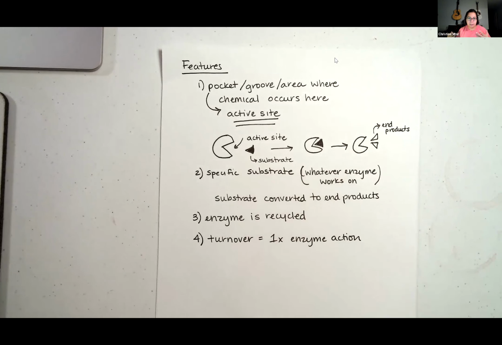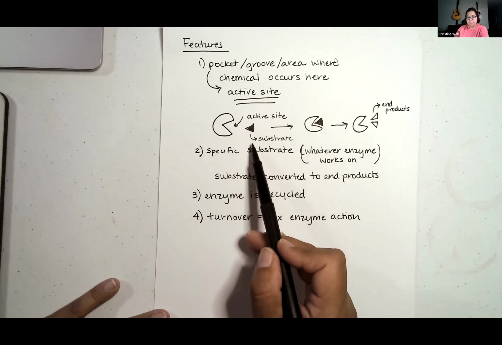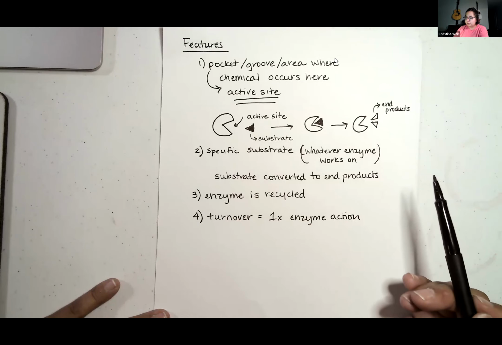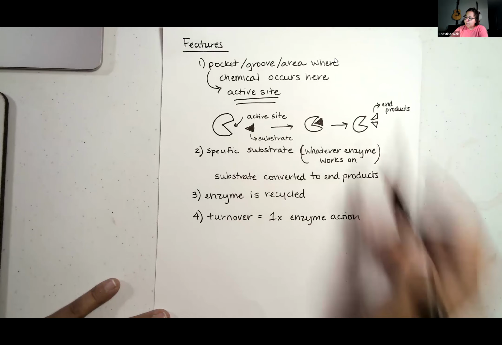So enzymes have an active site. That active site is where the substrate fits. The substrate is broken down into end products. This temporary structure right here, where the enzyme and the substrate are together, is called the enzyme substrate complex.